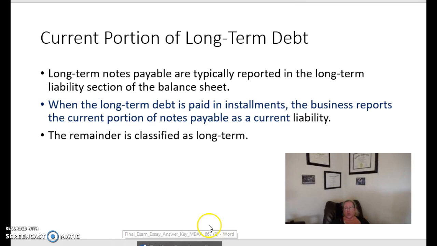That current portion is recorded in notes payable as a current liability. We just call it the current portion of long-term debt. So when you have long-term debt, you have to separate it into the current portion and the long-term portion. Whatever's not due in the next 12 months is classified as long-term debt.